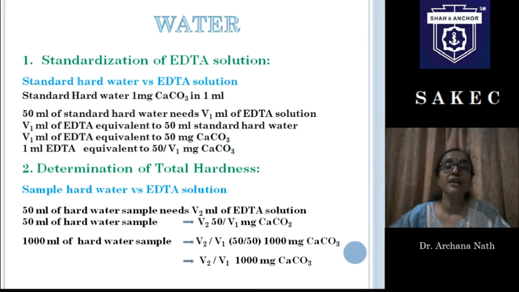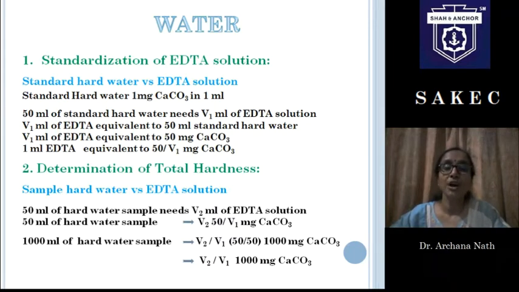Then we will determine total hardness from the second step. This is sample hard water versus EDTA solution. So what we will take in the conical flask? We will take 50 ml of sample hard water, and whatever is our observation, we are taking now as V2 ml of EDTA. So now V2 ml of EDTA is consumed for 50 ml of sample hard water.